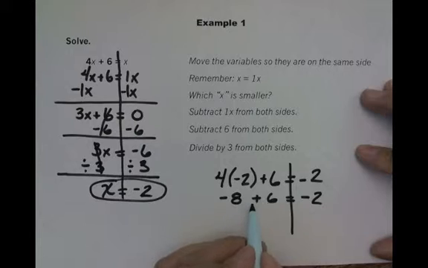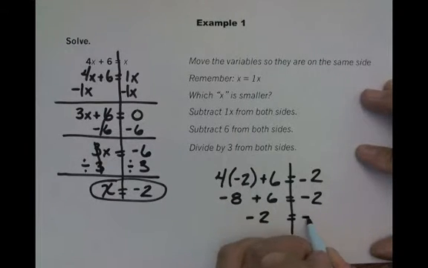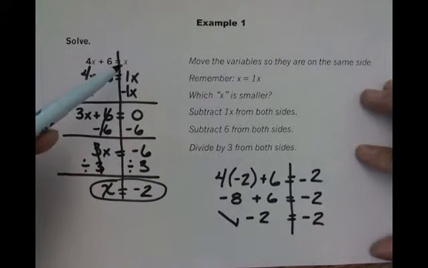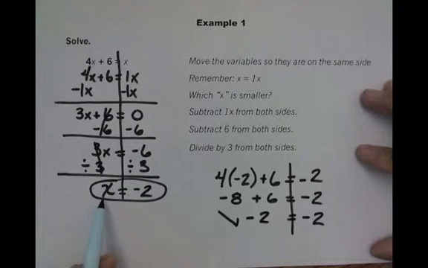Signs are different. We subtract. 8 minus 6 is 2. Keep the sign of the larger number. So that's negative 2. Negative 2 equals negative 2. That checks. So for the equation 4x plus 6 equals x, the answer is x equals negative 2.